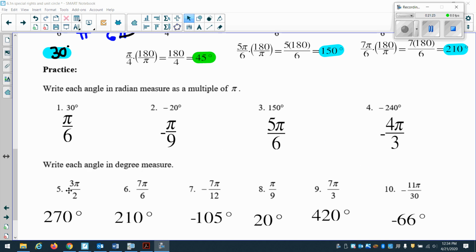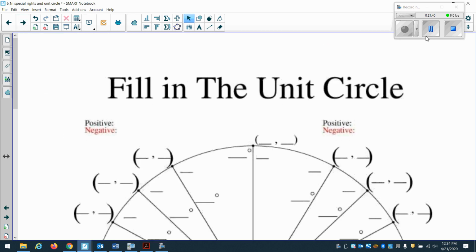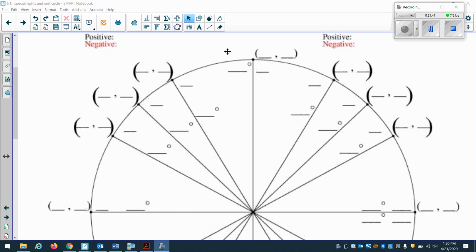And then for radians to degrees, you are canceling out your pi values. Okay, so again, that's from radians to degrees and degrees to radians, which we're going to need when filling out the unit circle.